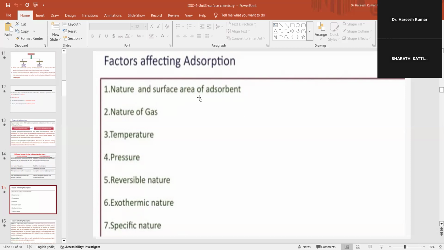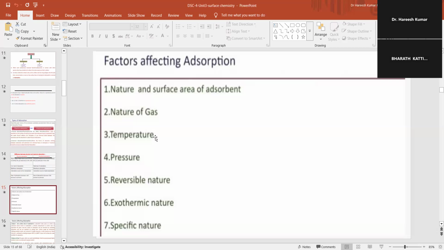Overall, if the surface area is more, then adsorption increases. Nature of the gas: if the gases are soluble in water, or are liquefiable gases, in these two cases adsorption increases. Then temperature. Temperature is inversely proportional, so that means as temperature increases, adsorption decreases.